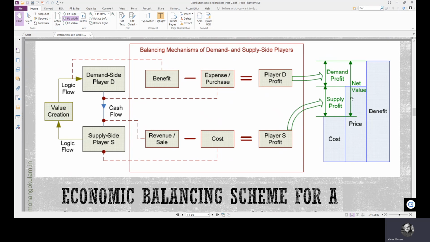So with that he gets some benefit. So the total benefit is the supplier benefit plus the demand side player's benefit. So that is how value is created. The creation of value is based on the supplier side benefit and the demand side benefit. So this is the economic balancing scheme or mechanism of demand and supply side players.